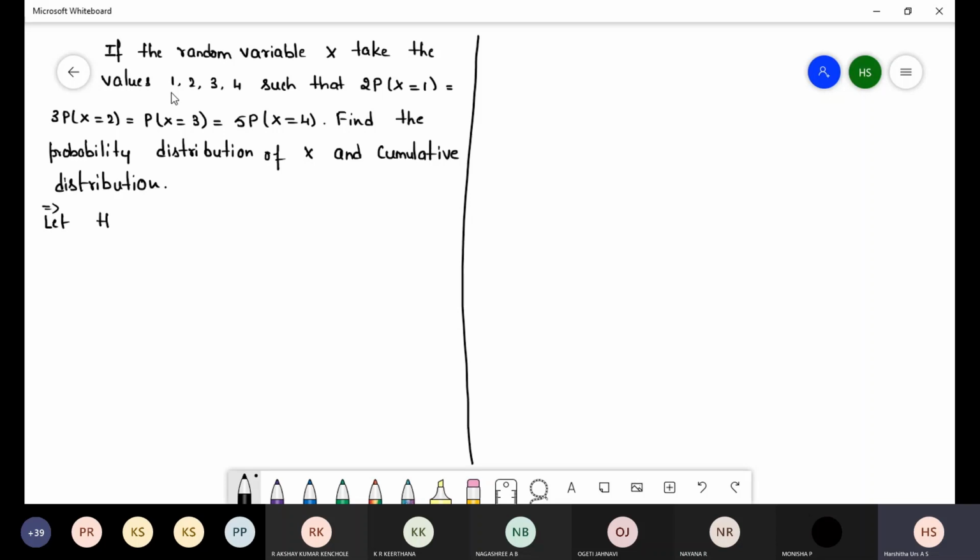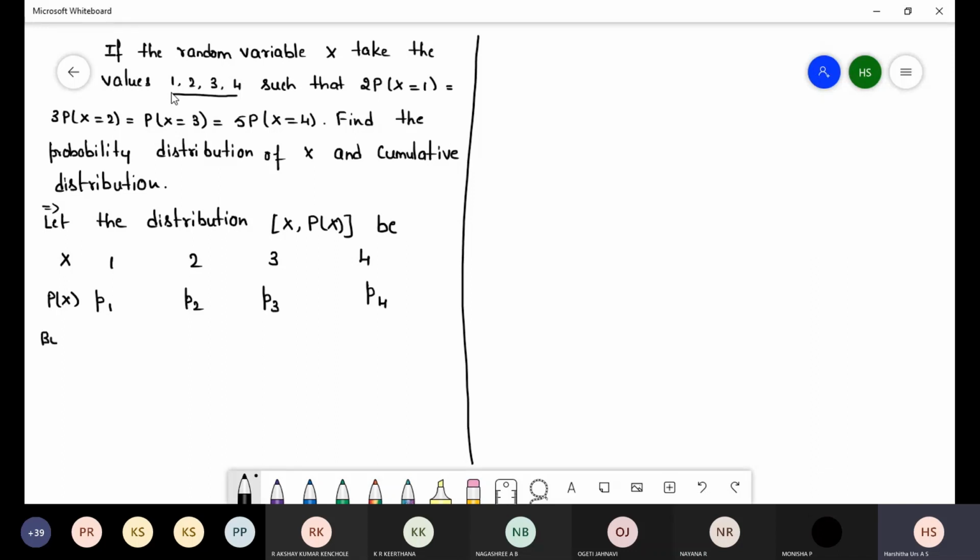So here let the distribution x comma p of x be, here I will mention x and here I will mention p of x. What they have given the variable for x, that is 1, 2, 3, 4. For that I will define p of x as p1, p2, p3 and p4.